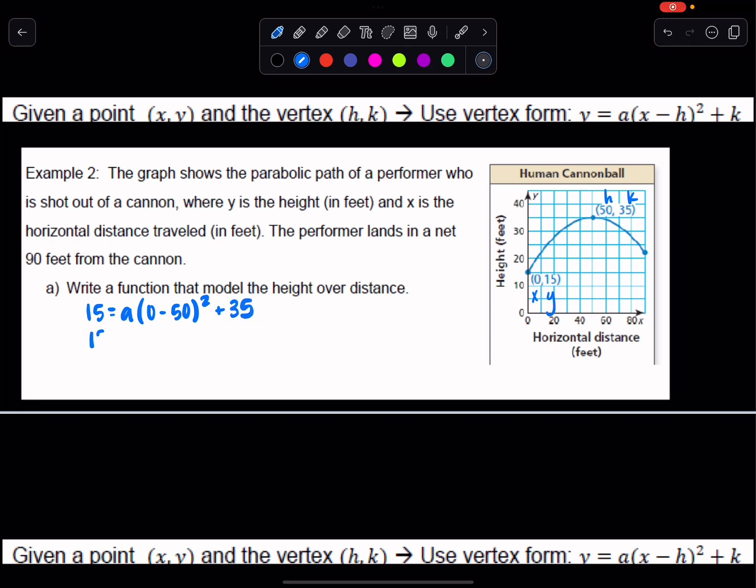And then we solve, or simplify, sorry. Well, no, solve. So -50 in parentheses, and then we square that, we'll get 2,500, and now we're solving. So subtract 35. And if I'm moving too quickly, you can always pause the video and come back. So 15 minus 35 is negative 20.